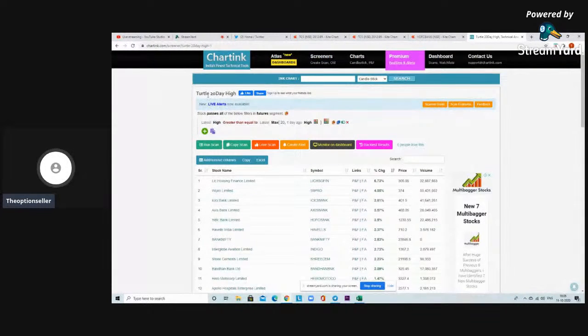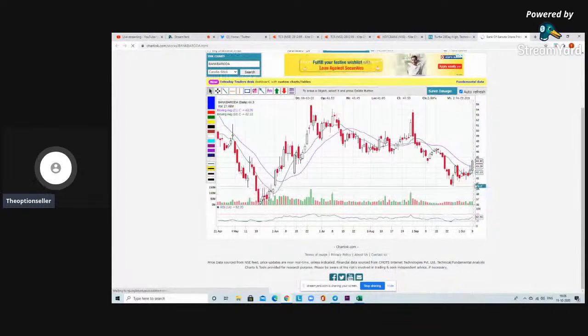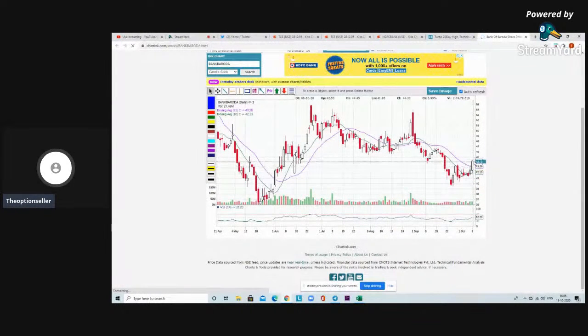This is turtle 20 days high. Instead of 20, I can put 3 here and run a scan, and it will show me what all stocks have broken the last 3 days highs. It's a very simple tool. For example, Bank of Baroda, this candle has broken the last 3 days high, so it is showing Bank of Baroda is in an uptrend.